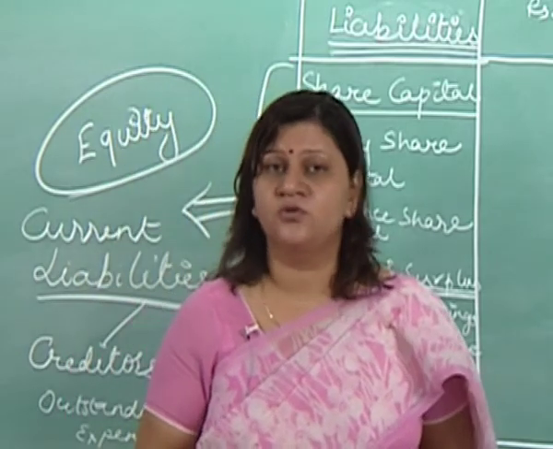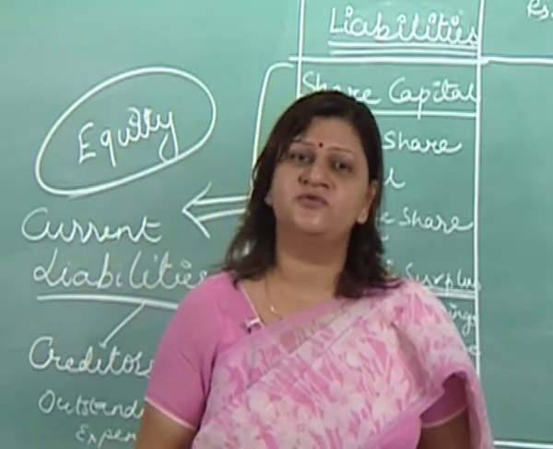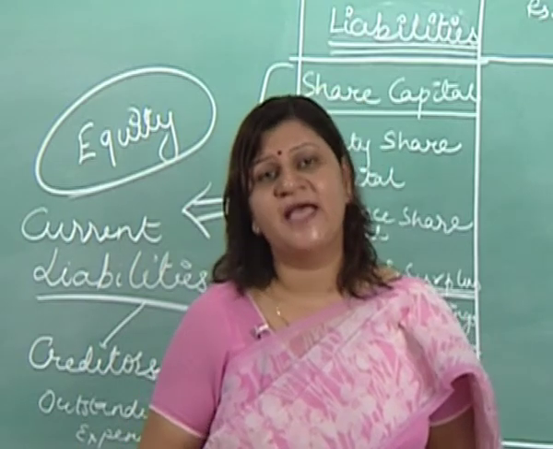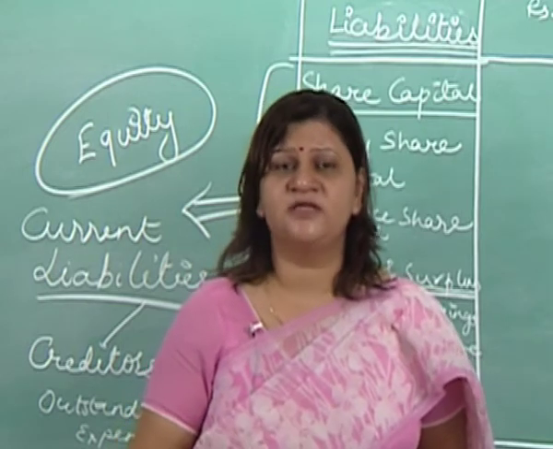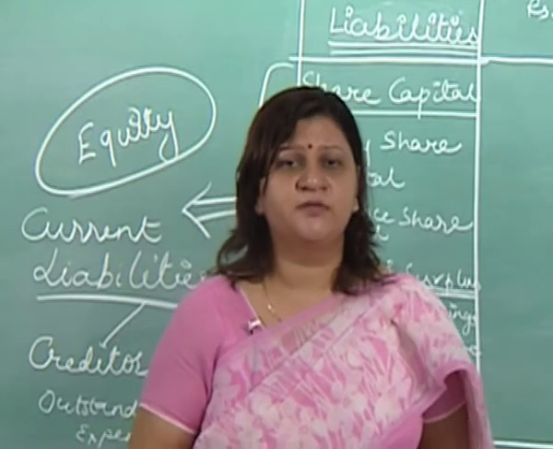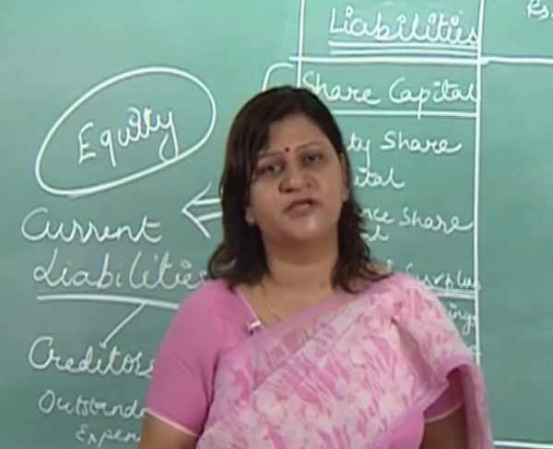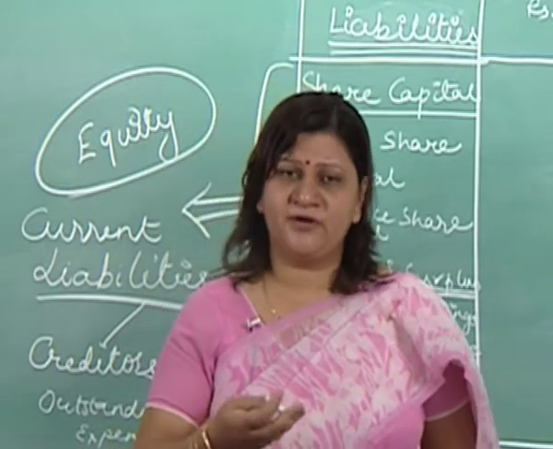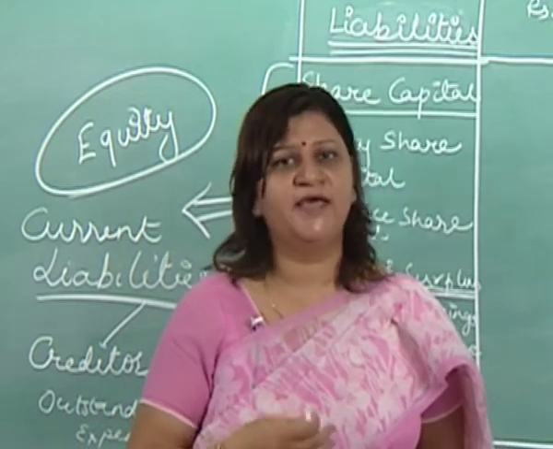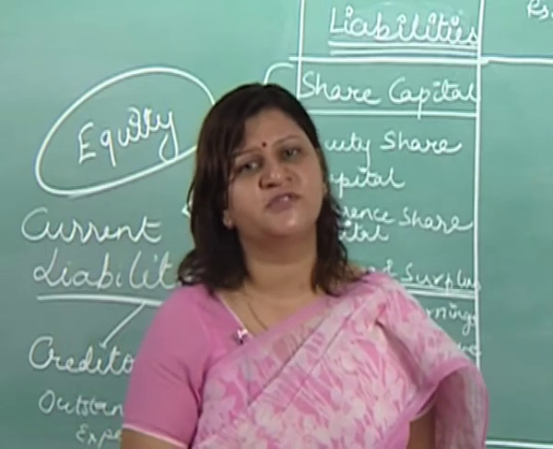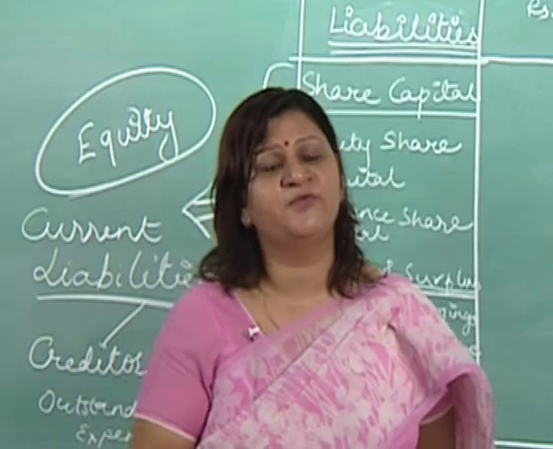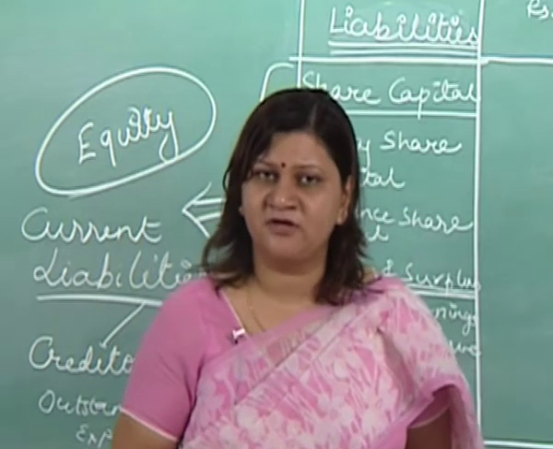Current assets are those assets which are used for generating revenue. They are also called revenue assets because they are used in the production process, and they are short term in nature because they are used for a production cycle, and when they come to an end, again they are purchased and they generate those resources back, and this way a cycle goes on, which we have learned in our previous lectures called working capital management.